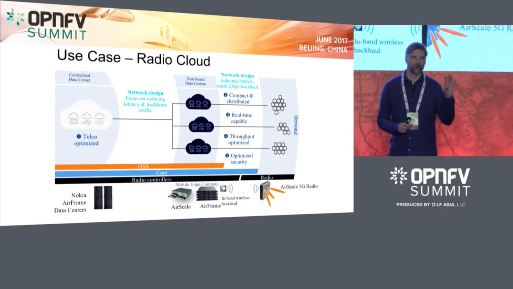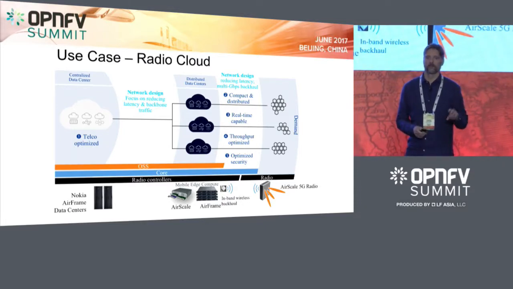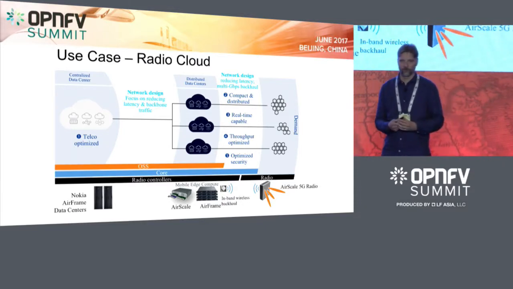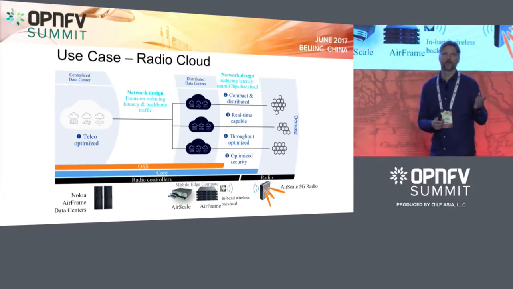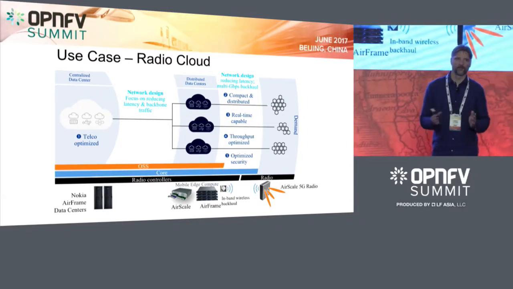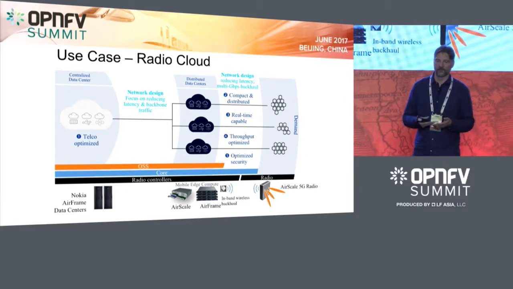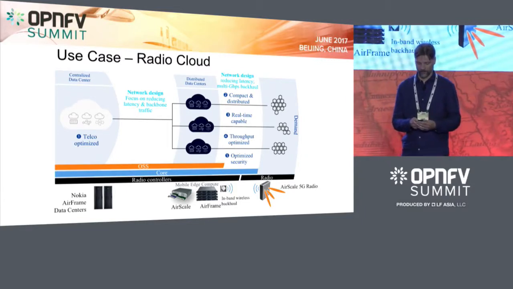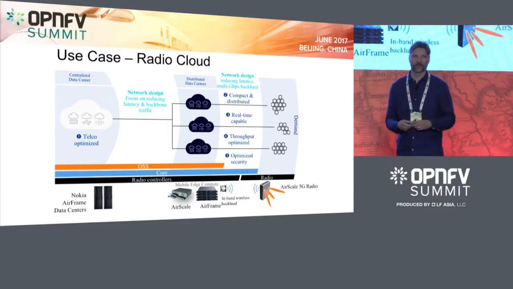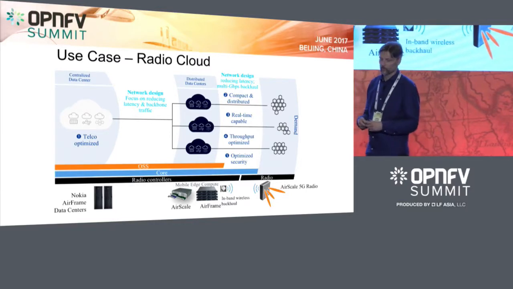And of course, the core network is already able to run on top of OpenStack. So especially on the radio side, and especially with 5G, where latencies are very crucial, something like this is very useful.